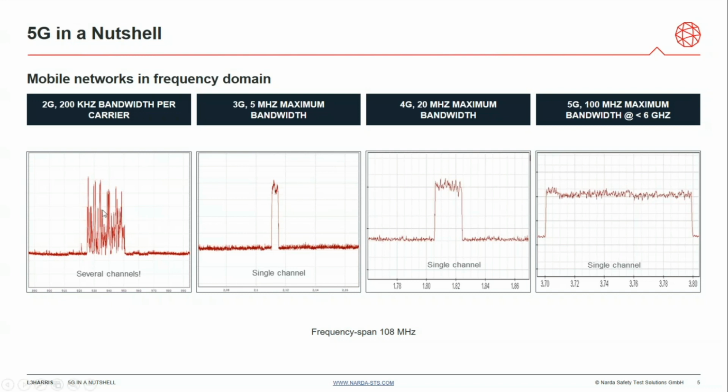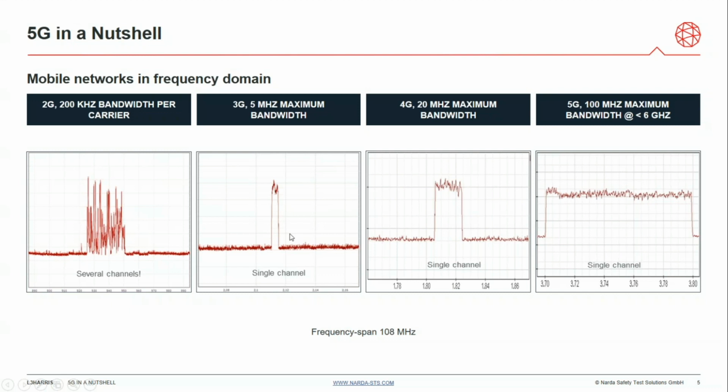So even though there was the possibility of frequency hopping, basically every user was having its individual channel. Then with 3G, there was the introduction of digital modulation. So in a channel, which was now not only 200 kilohertz, but 5 megahertz bandwidth, in this band, there were several channels in uplink and downlink.